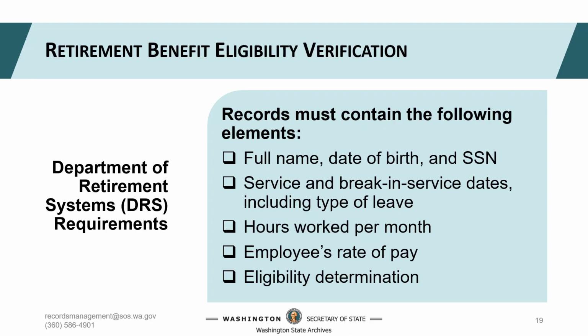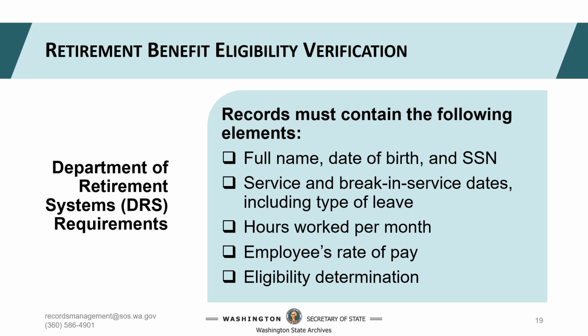Retirement verification records retention requirements are not one size fits all. We've consulted with the Department of Retirement Systems on this information, but make sure you verify with your agency's retirement authority.